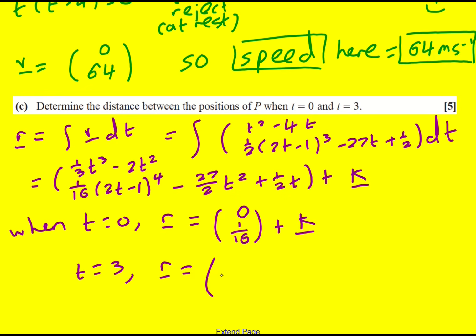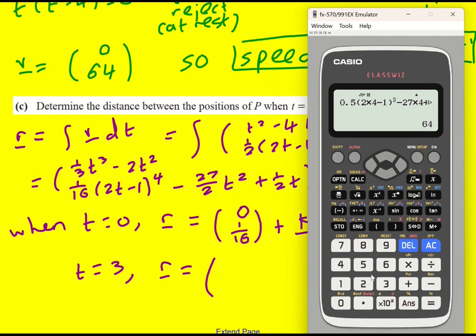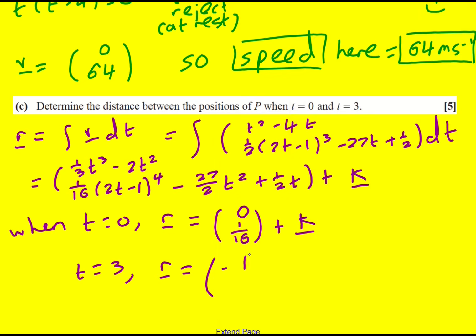A little bit more calculation to do. So 3 cubed divided by 3 minus 2 times 3 squared, which gives minus 9 for the x component of the position.